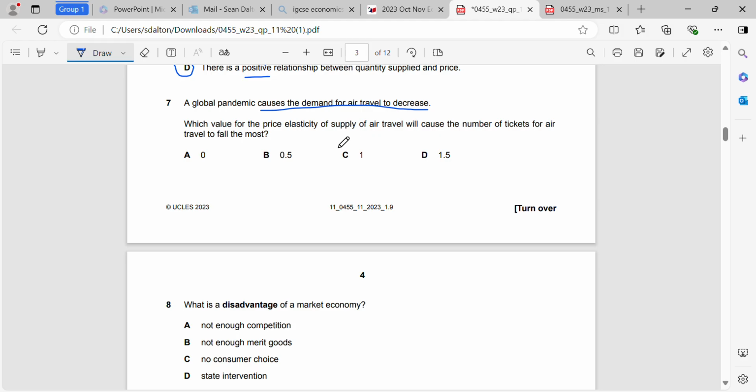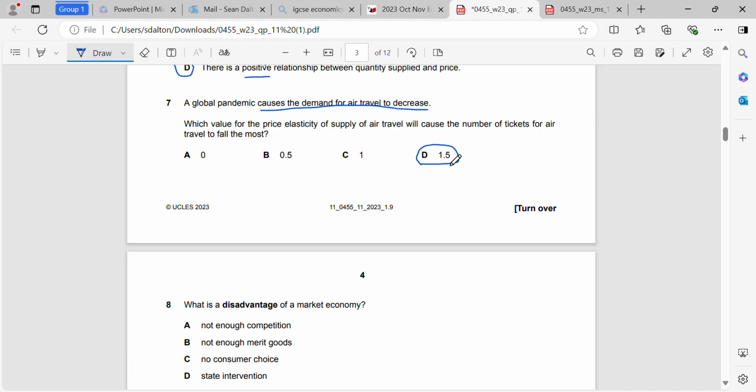So if we have 0 for our PES, then we would have perfectly inelastic, so the quantity would not change. The quantity therefore that will change will be the one that has the biggest elasticity, and that would be 1.5.